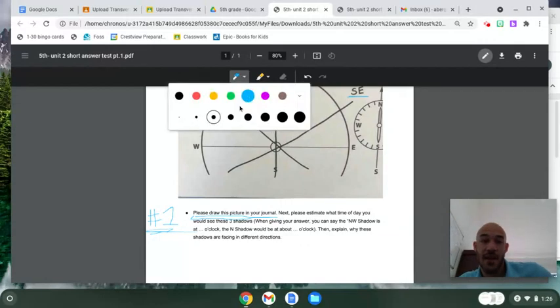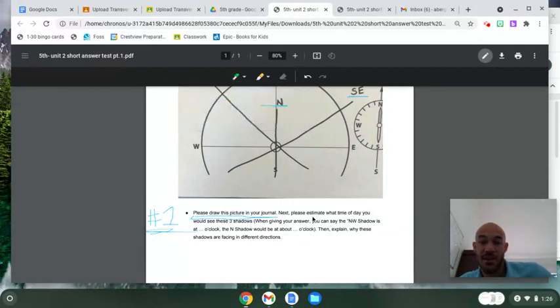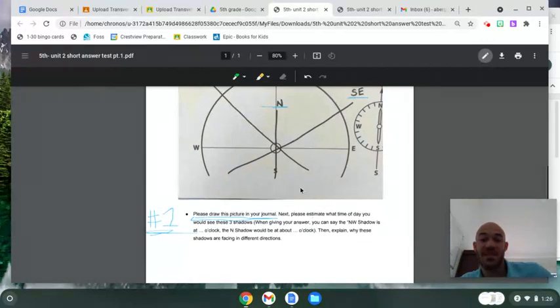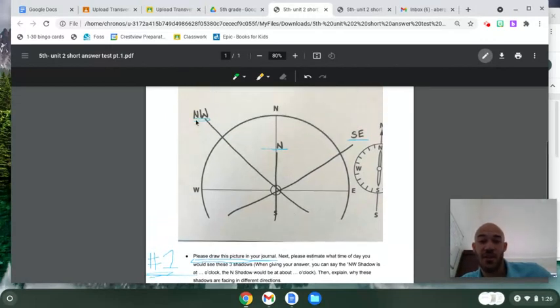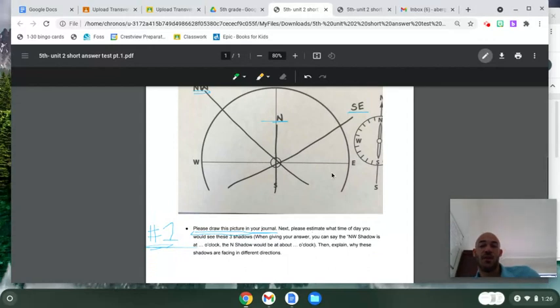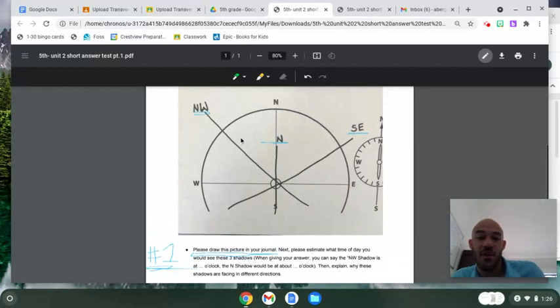Next, please estimate what time of day you would see these 3 shadows. There's 3 shadows right here. When giving your answer, you could say something like, the northwest shadow is at blank o'clock.